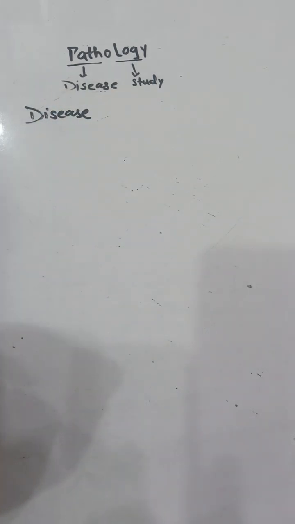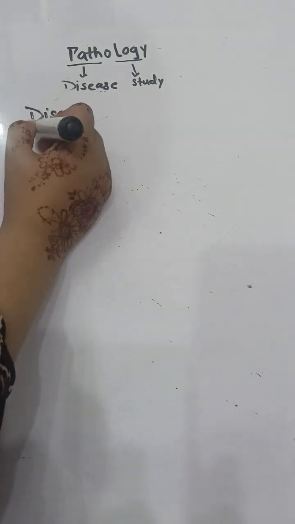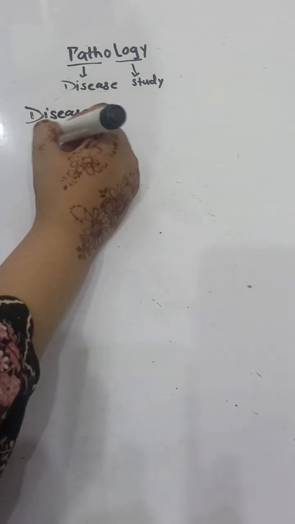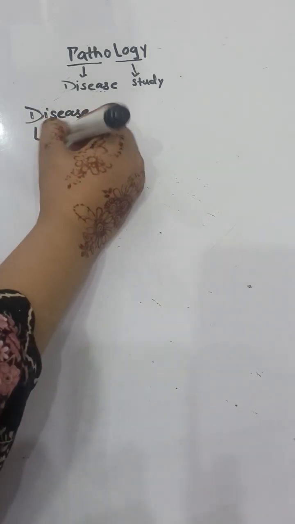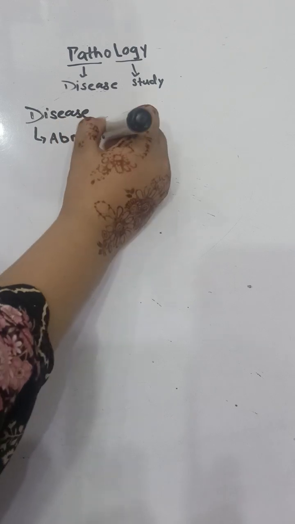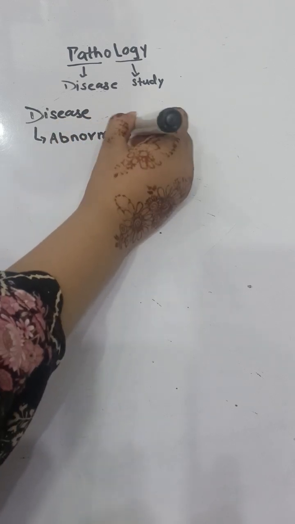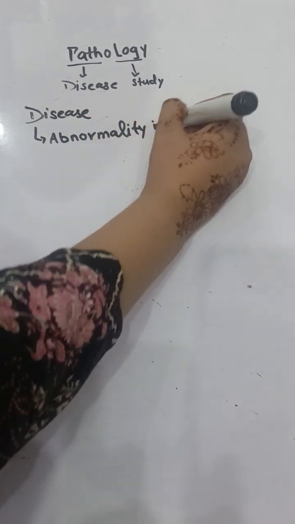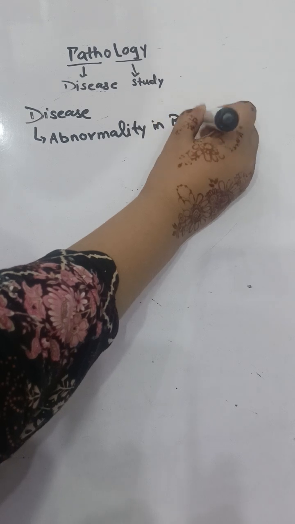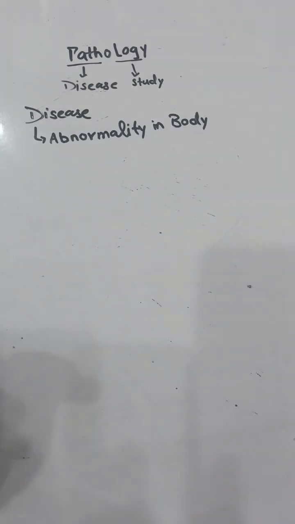So disease is an abnormality in your body, any kind of abnormality inside your body. Whenever any kind of change or abnormality occurs in your body, you suffer a situation which is called a disease.